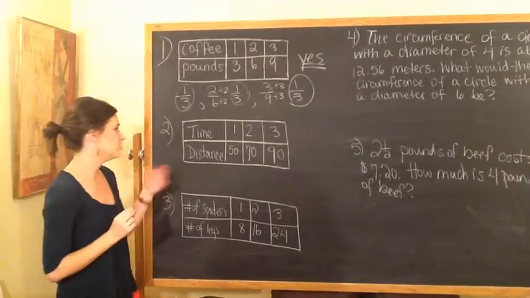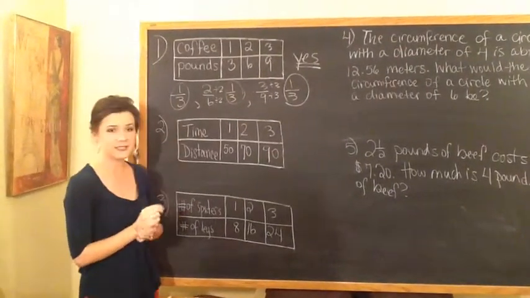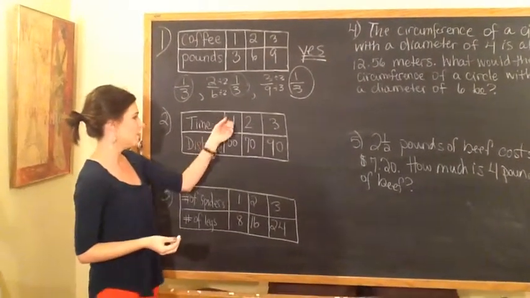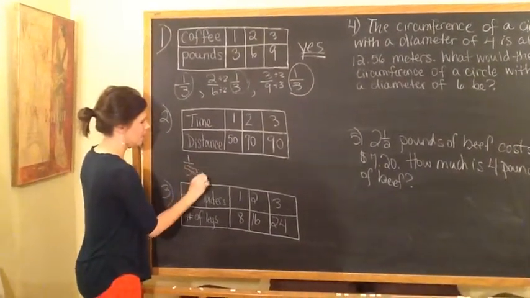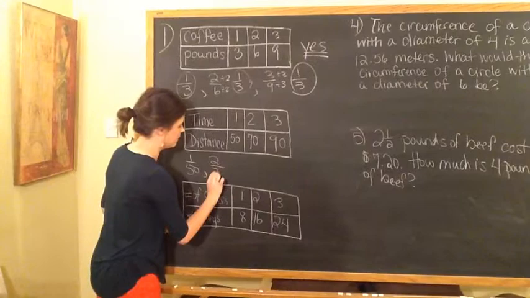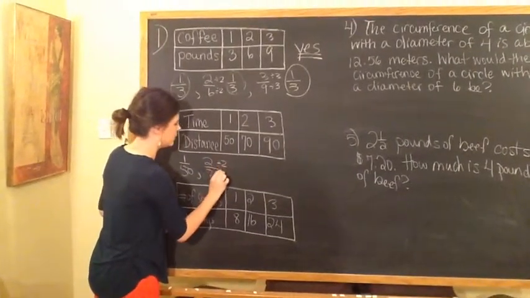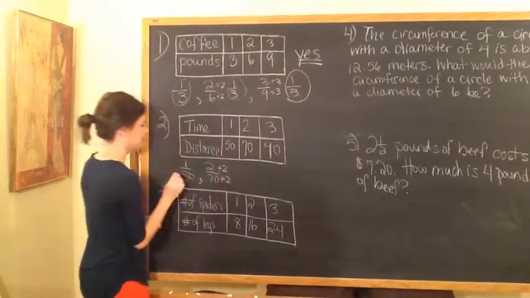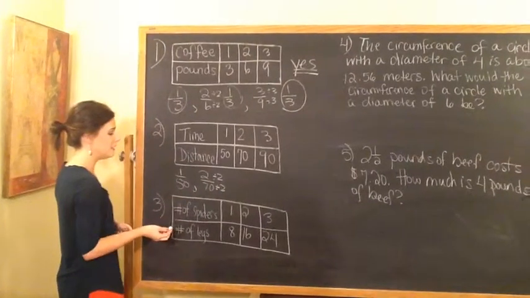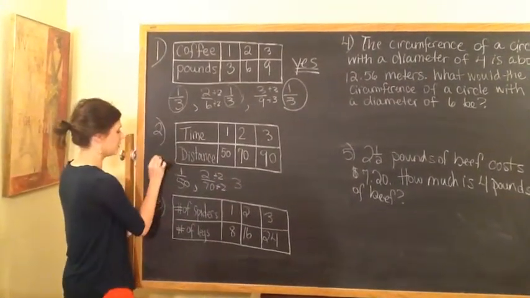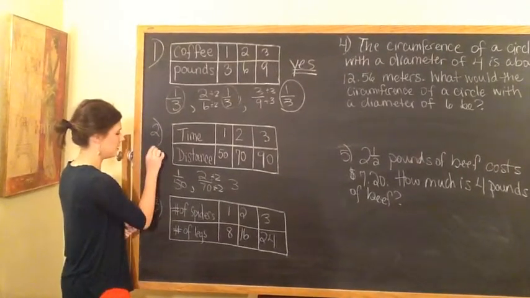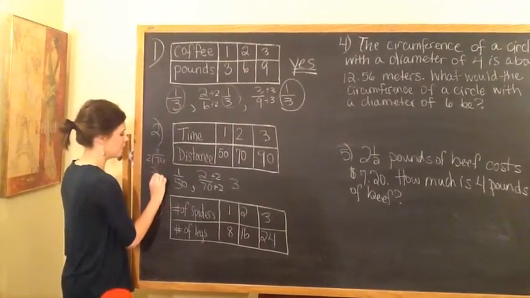Alright, let's go ahead and look at this chart. We're comparing time and distance. We are going from 1 to 50, which is already simplified. We have 2 to 70. If we divide out a 2, how many times does 2 go into 70? 2 goes into 7 about 3 times, so you're going to get 6, remainder of 1.